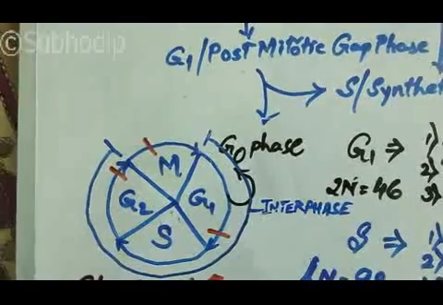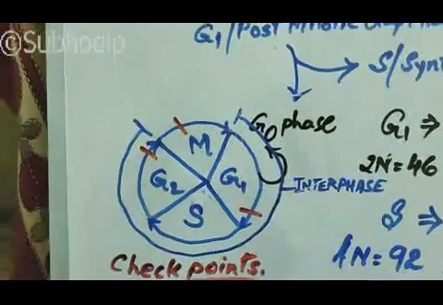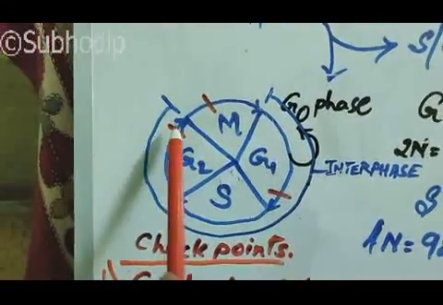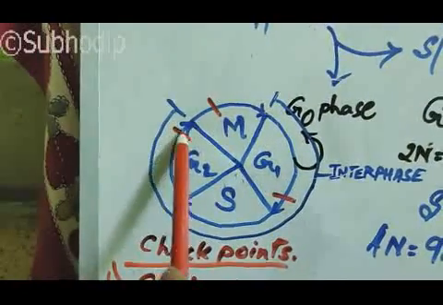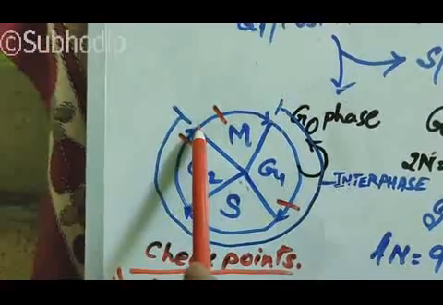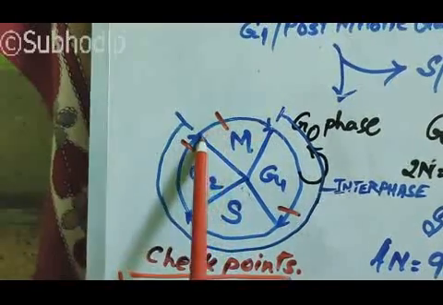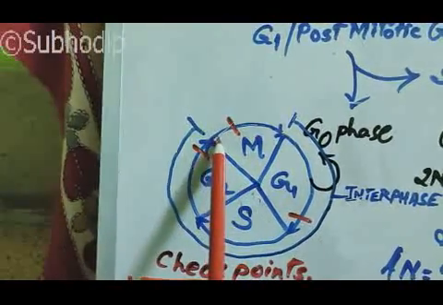Another checkpoint lies at the end of the G2 phase, just before the beginning of the mitotic or cell division phase.